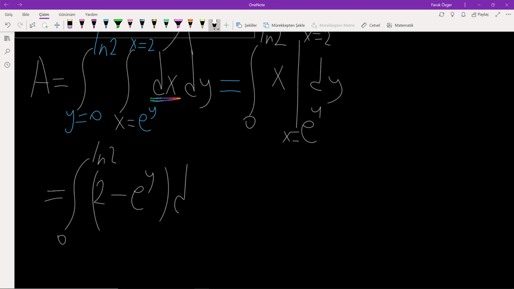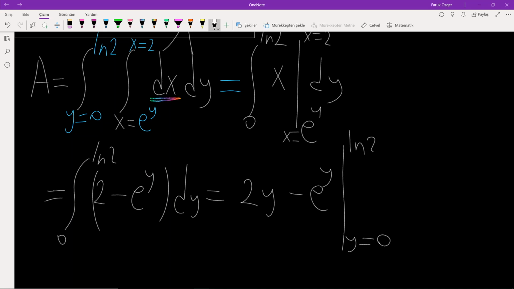Then we will integrate with respect to y, from 0 to ln 2. The integral of 2 with respect to y is 2y, minus the integral of e to the power y, which is the function itself. Okay, sorry, you don't write the integral anymore, and y is from 0 to ln 2.